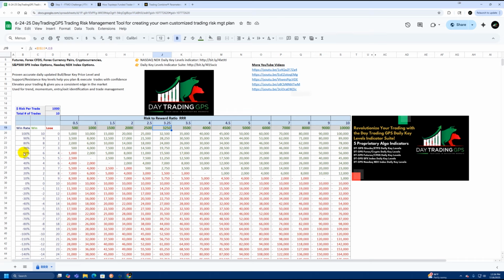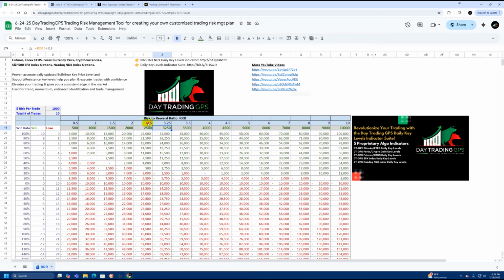If you have a 60% win ratio, then at a 2.50 to 1 risk to reward ratio, your gross would be $11,000. And as you can see here, with a 70% win-loss ratio and a 2 to 1 risk to reward, you're at $11,000 as well.